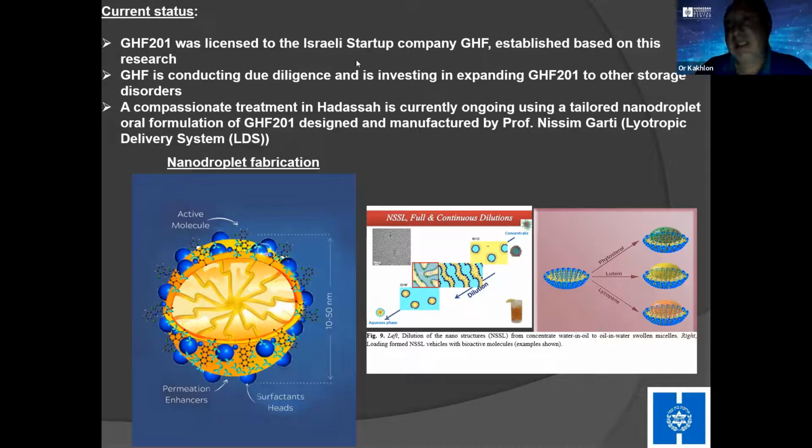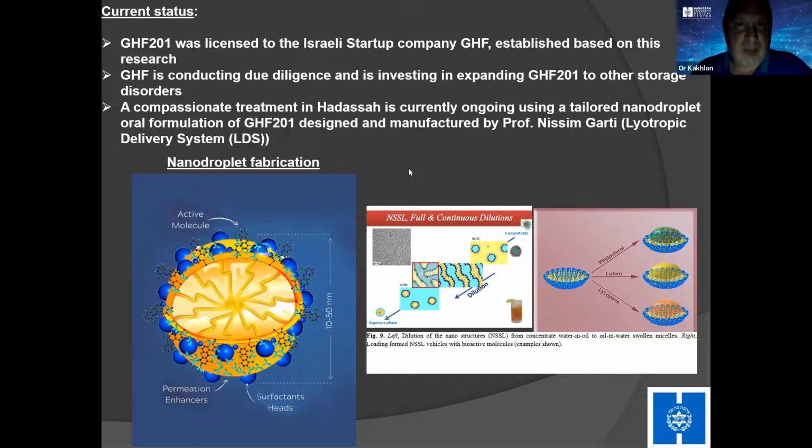GHF stands for golden heart flower, and this is why the new compound is called GHF201. It is licensed to GHF. And now GHF is conducting due diligence to invest in expanding GHF201, the compounds that we produce, to other storage disorders, not only APBD. And there's now a compassionate treatment in Hadassah involving 3 patients.